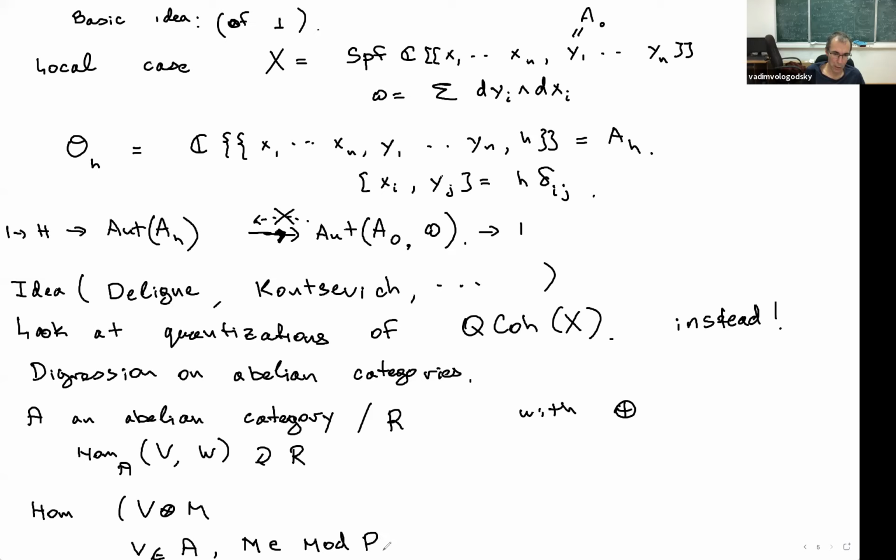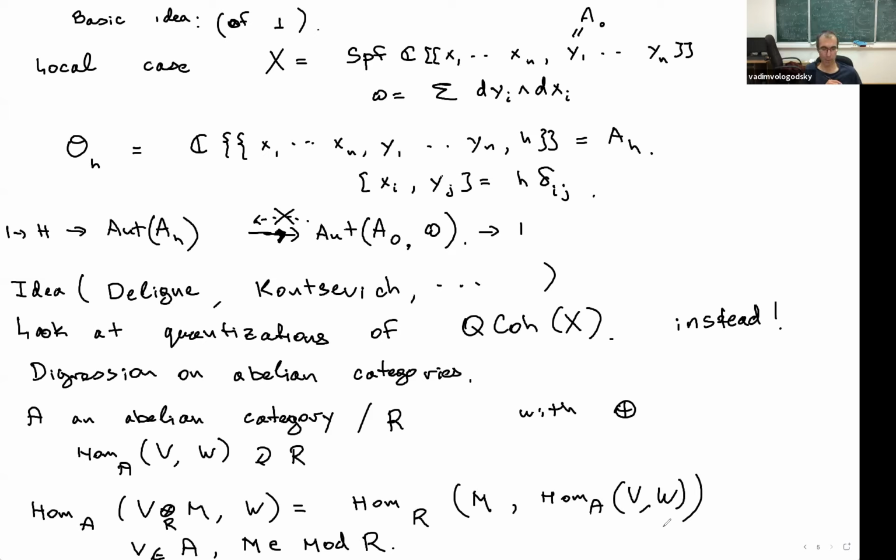So how do I define this tensor product? I will define it by a universal property first. I will tell you what the morphisms are from this object, which is going to be a new object of A, to any W. Morphisms from this to W are Hom over R from M to the R-module Hom over A from V to W. I hope this makes sense.